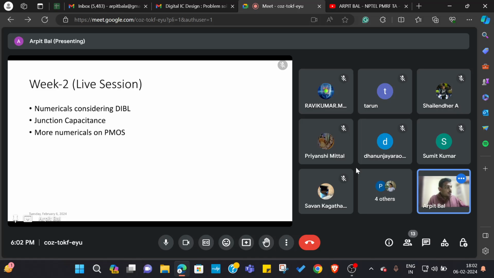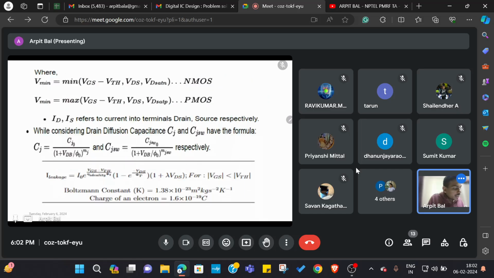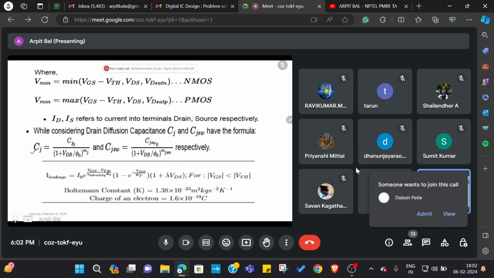With this brief introduction, let us start today's session. This is the unified formula for IDS. For the junction capacitance related questions, we will be using these two formulas.